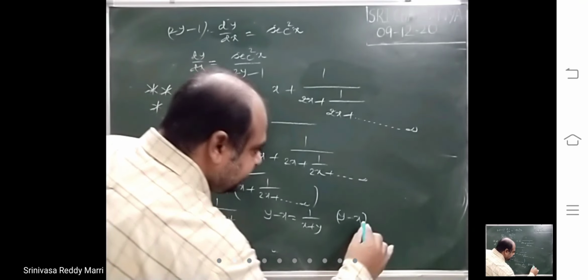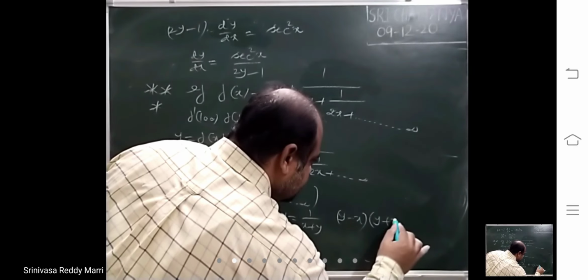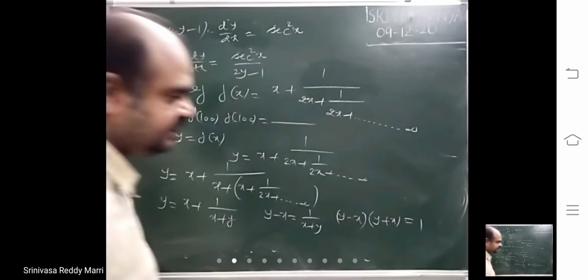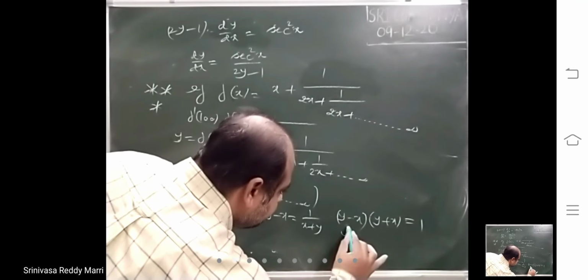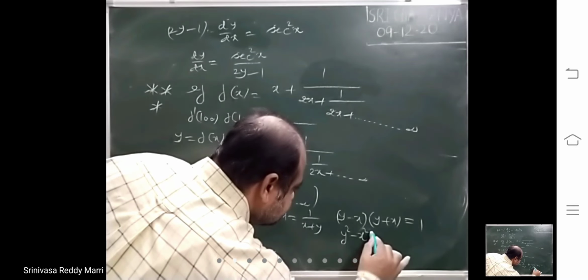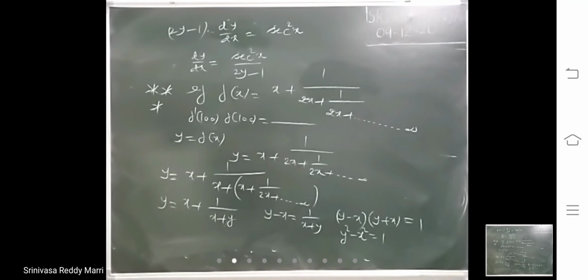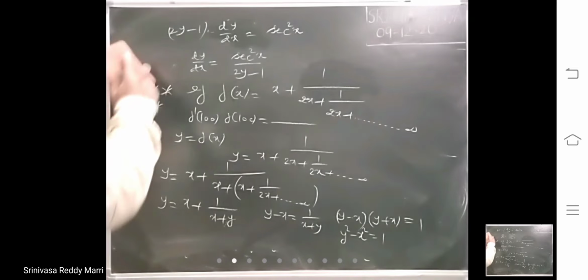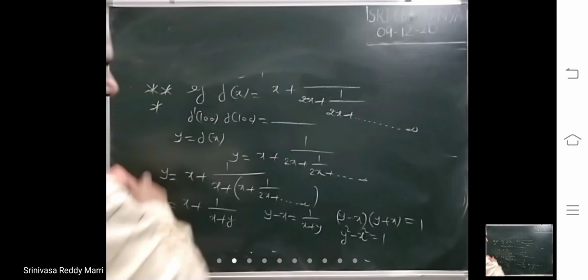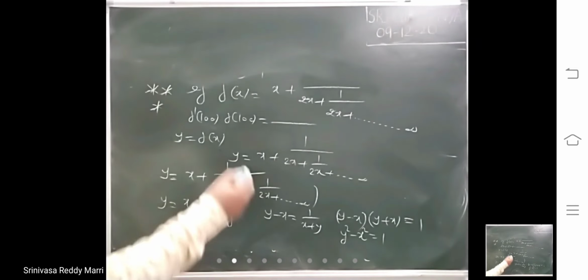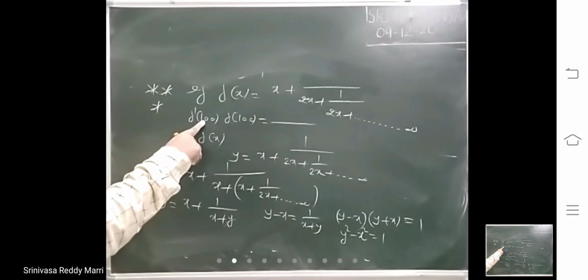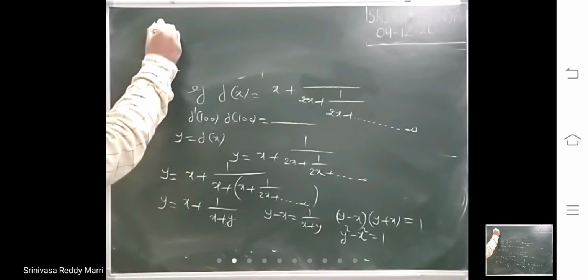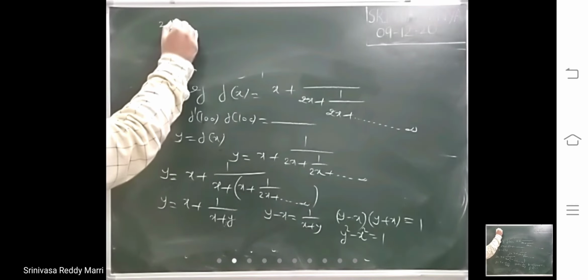So y minus x into y plus x equal to 1. Right? That means y square minus x square equal to 1. Now I am doing the derivative; f dash means derivative, the derivative at 100.